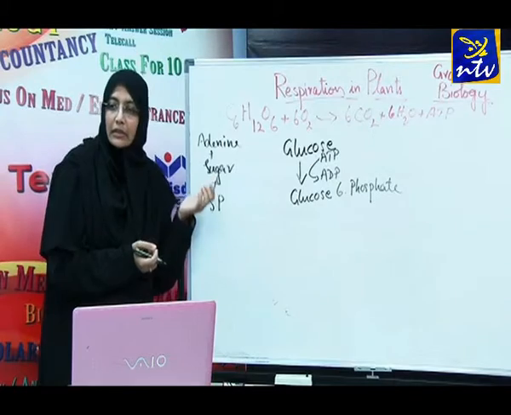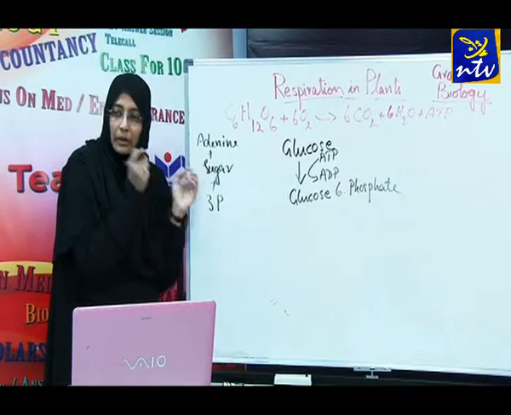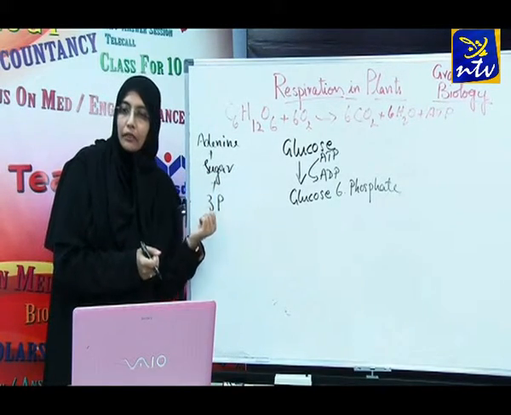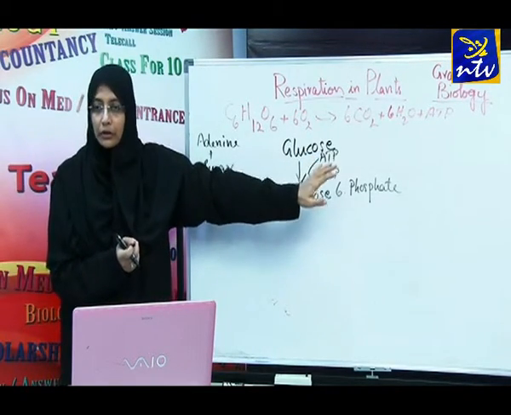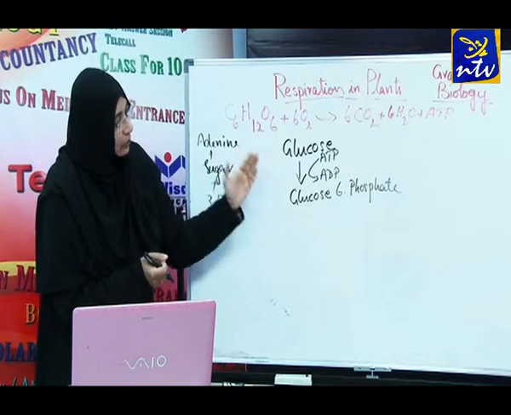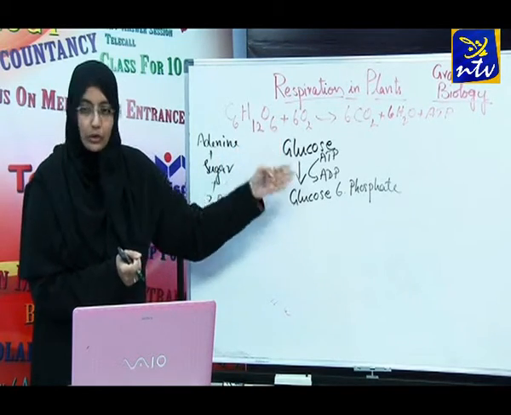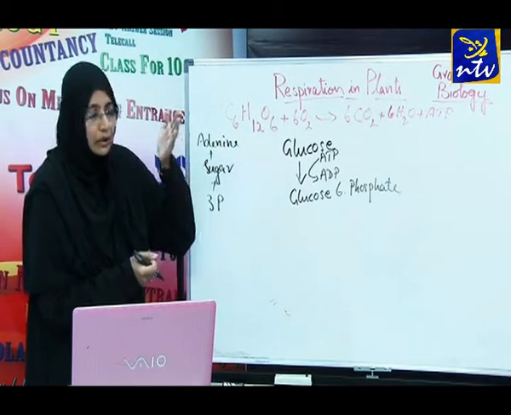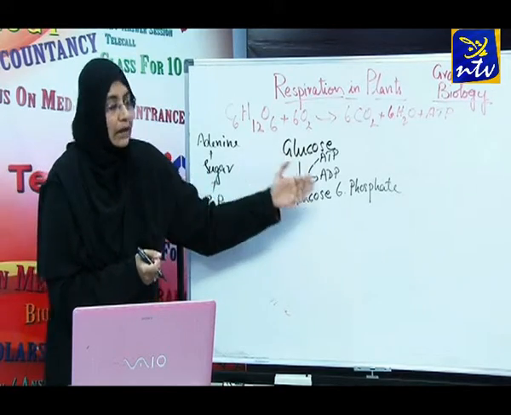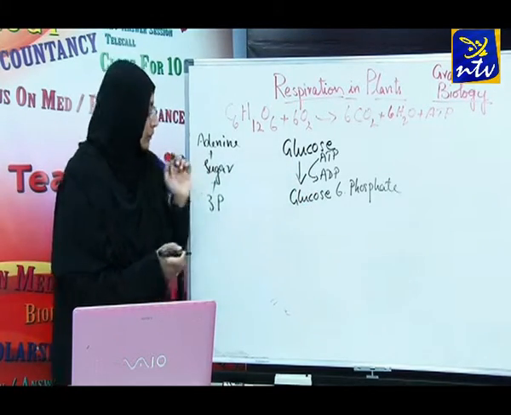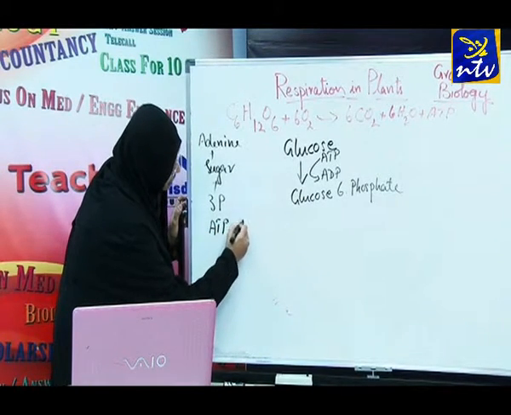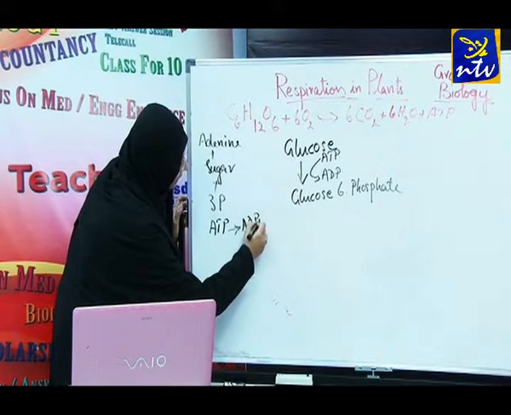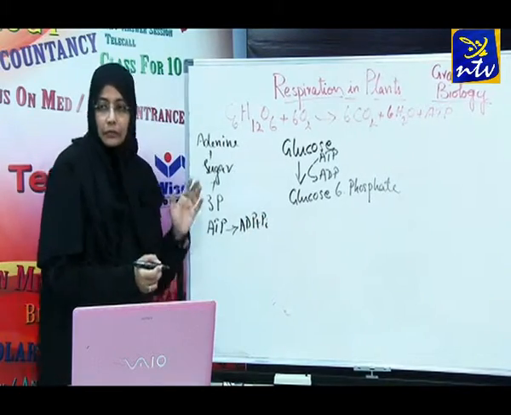This is the ATP molecule: adenine plus sugar molecule plus 3 phosphate molecules together form the ATP molecule. Now, this ATP molecule is broken into ADP and inorganic phosphate.